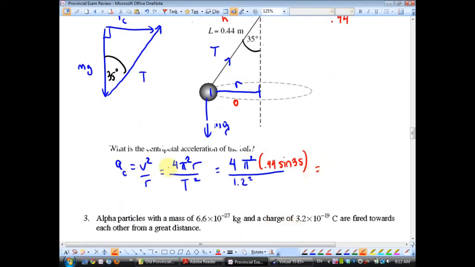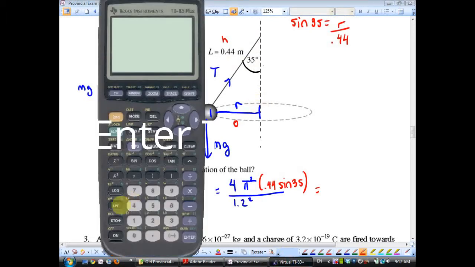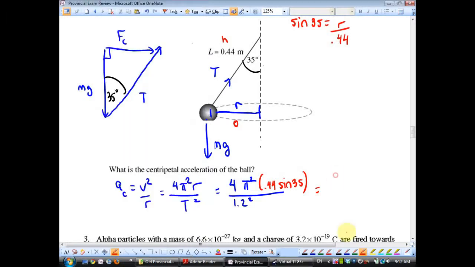This was basically write down the equation and do some grade 9 trig. 4 times pi squared times 0.44 sine 35 divided by 1.2 squared. I get radius of 6.92 meters.